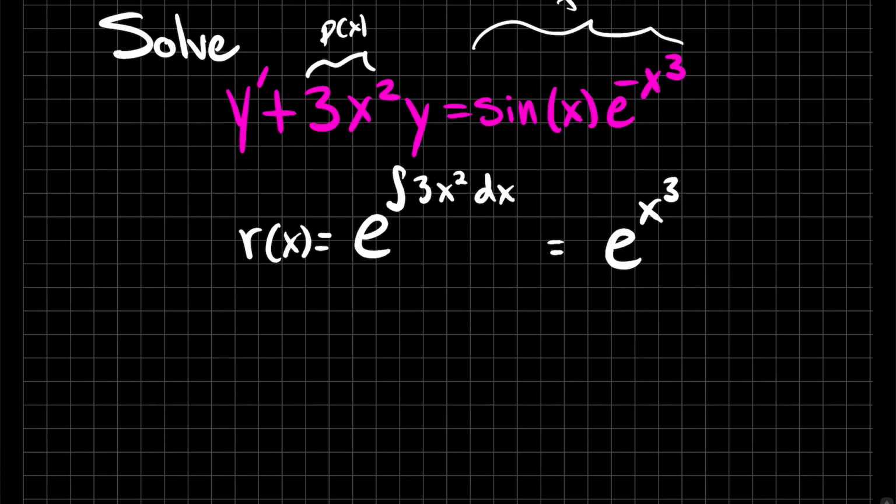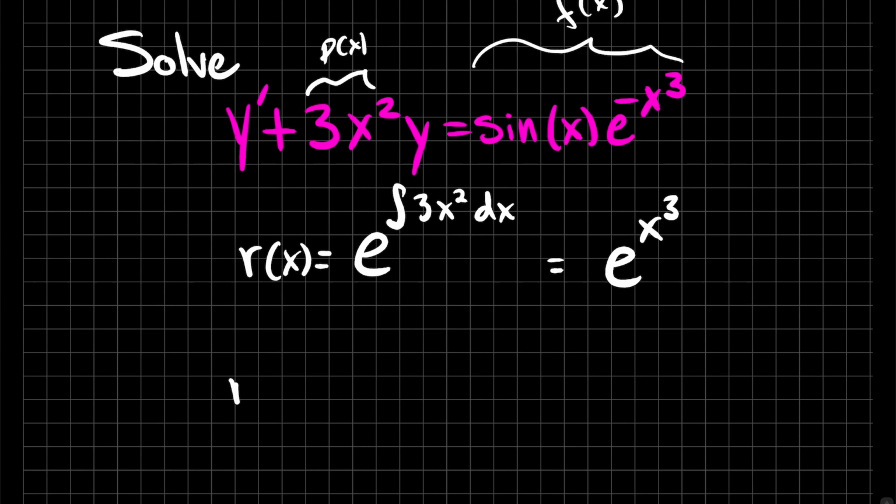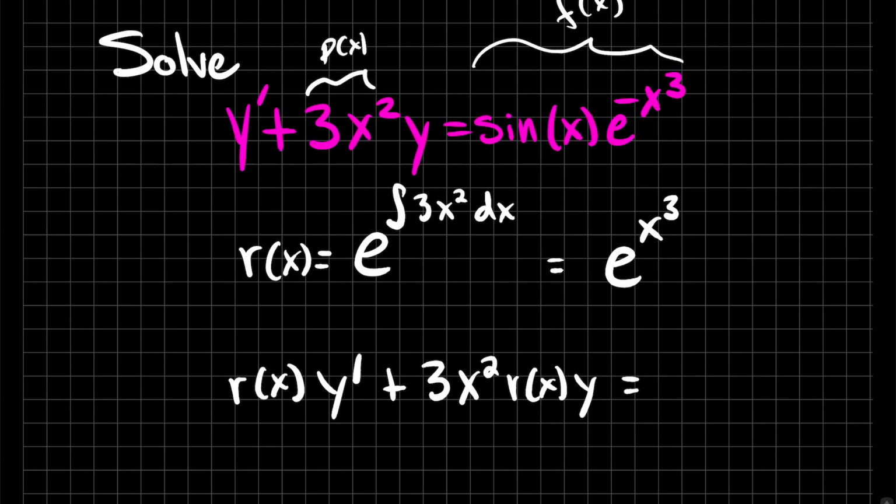So now let's multiply this over to the top. If we do that, what we're going to be getting is this. We have r of x times y prime plus 3x squared r of x times y is equal to r of x times sine of x, and when you multiply r of x to the right here, notice that these two cancel, so it's gone.